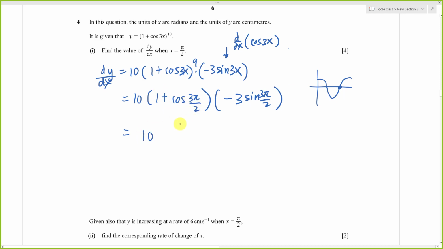So it's 10 multiply 1 plus 0 is just 1, so the whole thing I can ignore it. Sine 270 is negative 1. So negative 1 multiplied with the negative 3, then I will get positive 3. Then the answer should be 30 only.